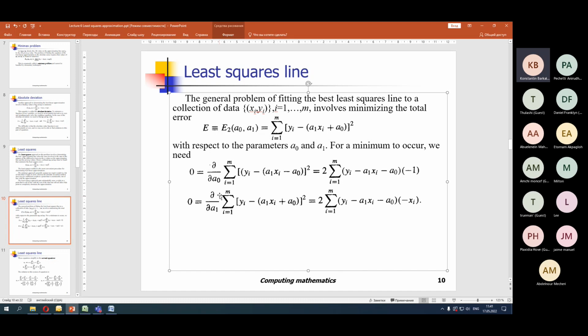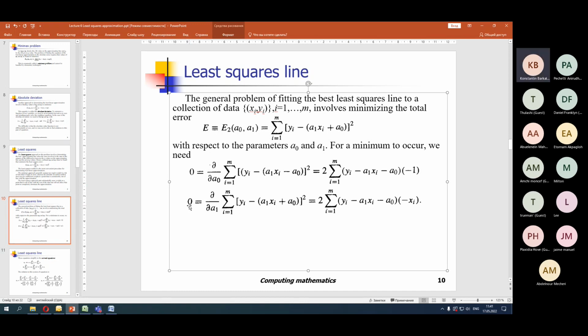And this is the partial derivative dE over dA1. This partial derivative is given here. We set these partial derivatives to 0.